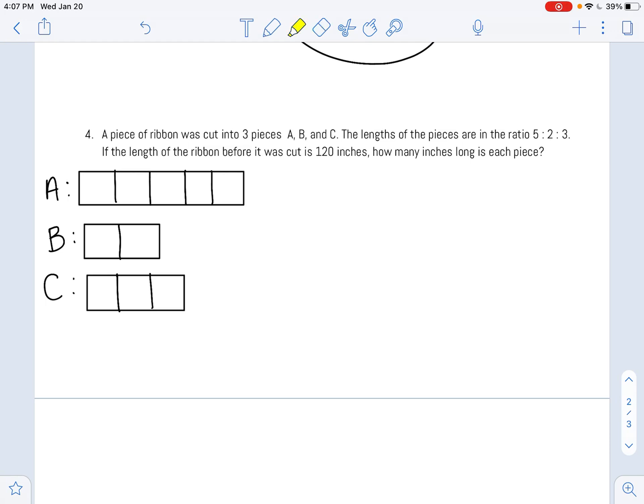We also know that the length of the ribbon before it was cut, so before everything was broken up, this is really telling us our total was equal to 120 inches. We want to know then how many inches each piece is after it's cut. So this all together equals 120 inches.